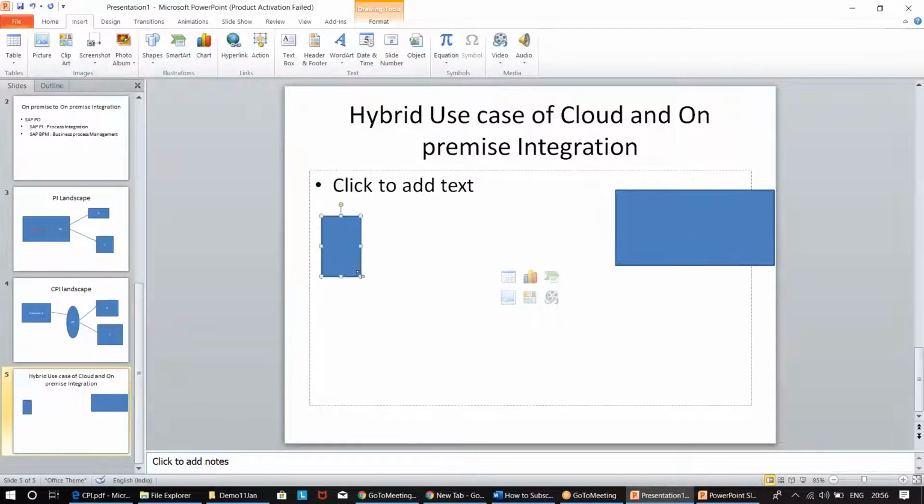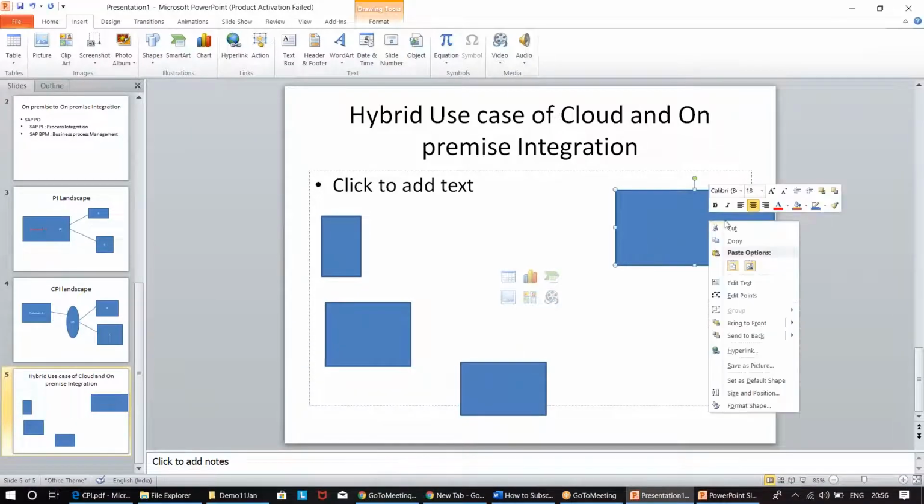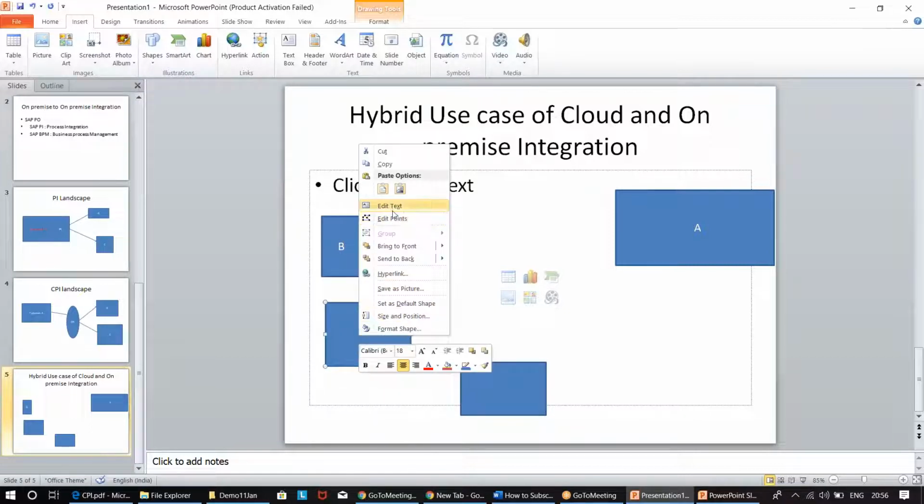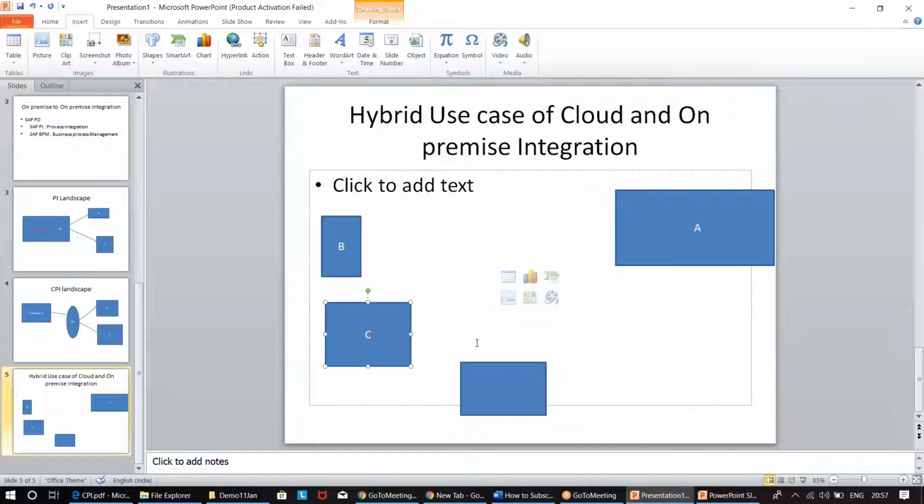Again, there are different applications, A, B, C, whatever you can just understand. We'll just give some kind of naming, and I'll keep it simple: this is A, this is B, this is my application C, and this is application D. As we know, we are living in this digital era, so many systems can communicate at the same time to achieve your business goal.